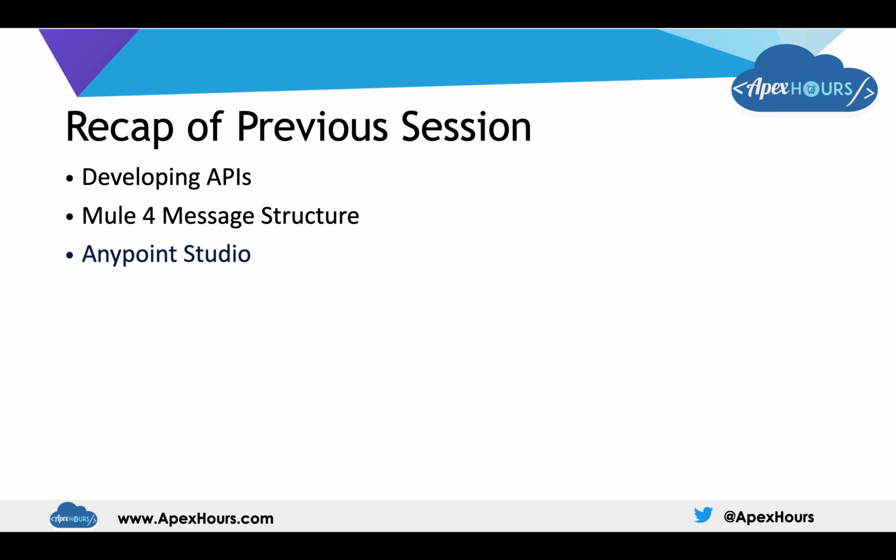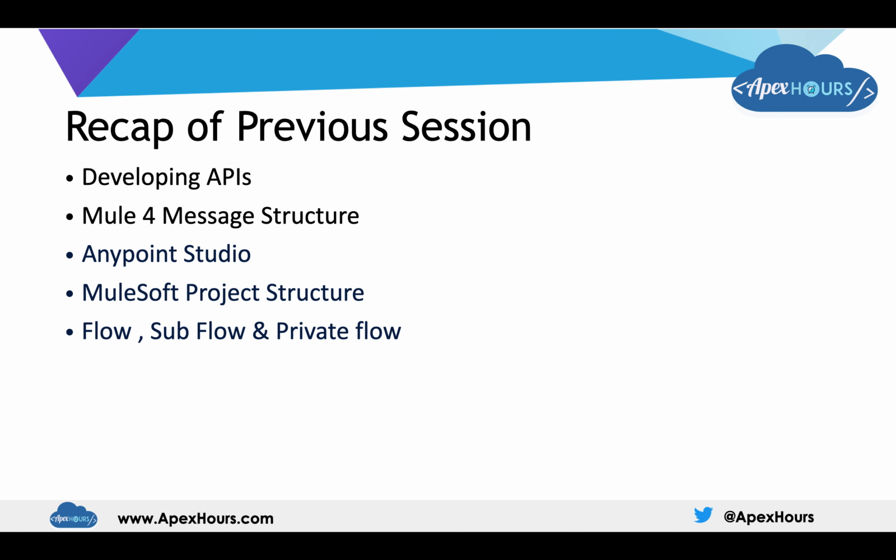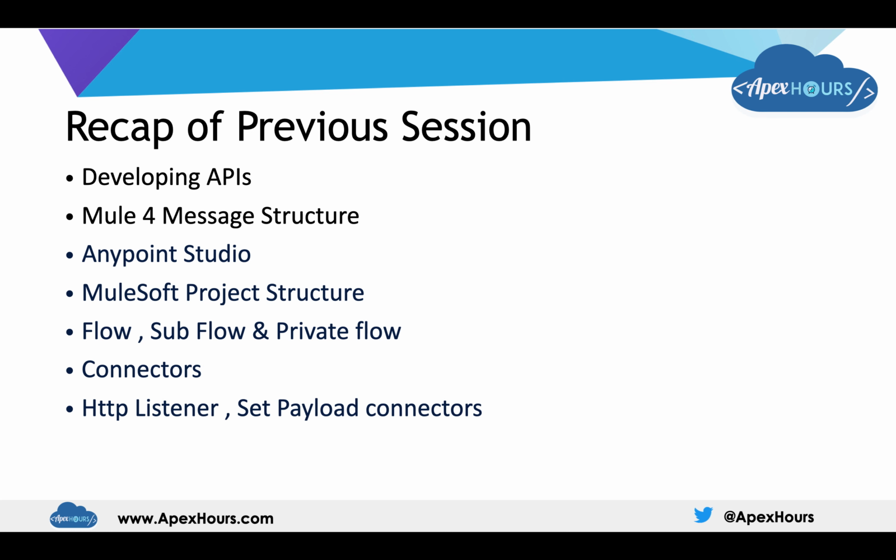We have seen how to download Anypoint Studio, and I explained the project structure, and we discussed the main flow, subflow and private flow. I told you what connectors are, and we discussed the listener and also the transform message connector. We built a simple RESTful API and I deployed it in CloudHub, and I am expecting you to do the same and comment your URL in the comment section.